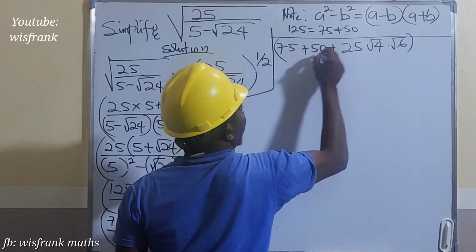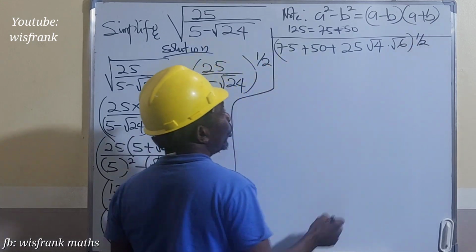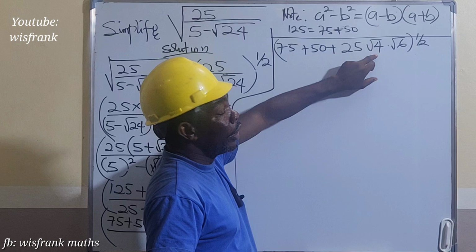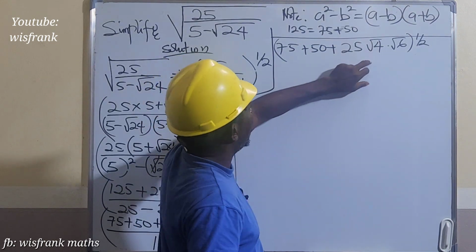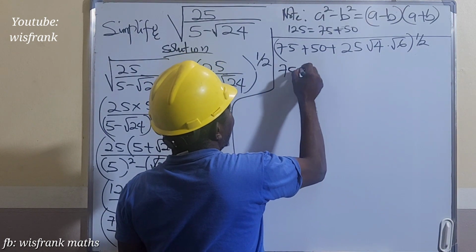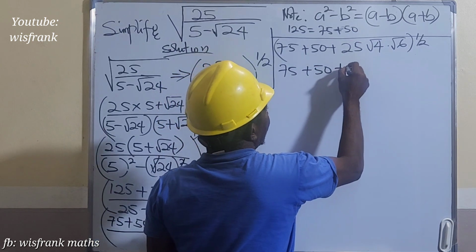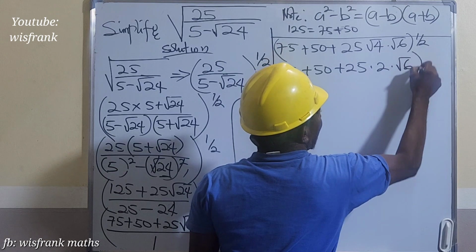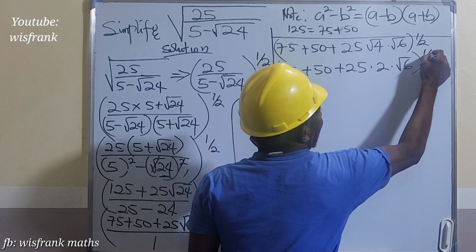This is all to the power of 1 all over 2. So this is our new equation. Now root 4 can be simplified, so we have 75 plus 50 plus 25 times 2 times root 6, all raised to the power of 2.